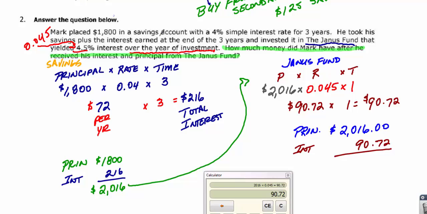So his total is the 72 cents. 6, 9, and 1 makes 10. Carry a 1. 1, 2. His total, $2,106.72.